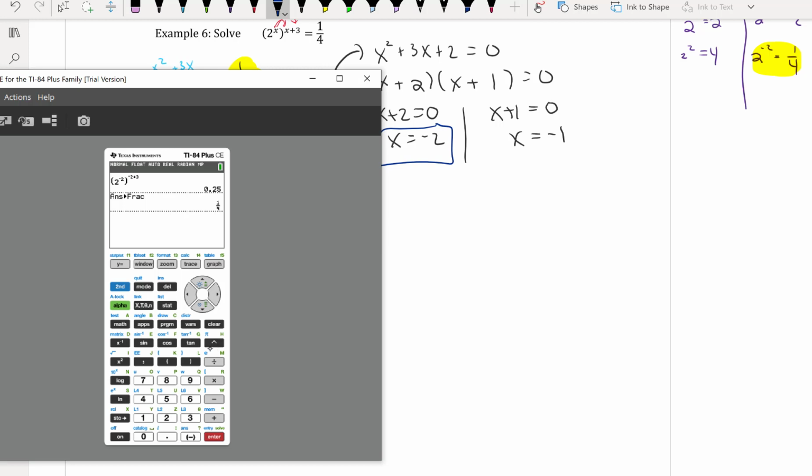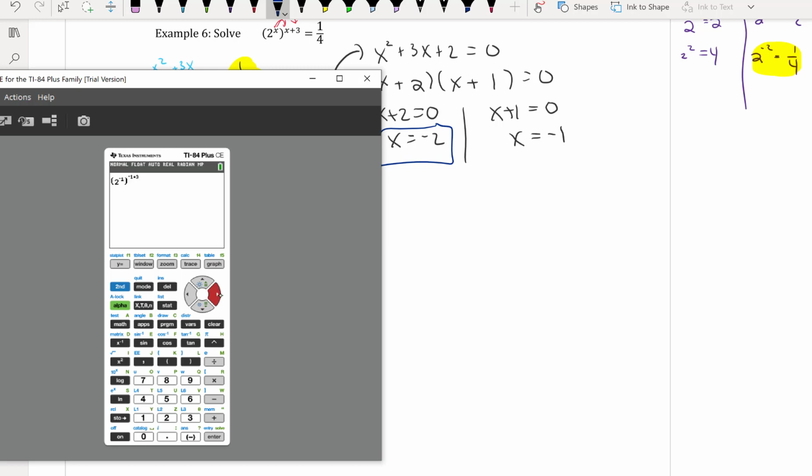Now let's try it for negative 1. So now I'm going to have parentheses, 2 to the power of negative 1, to the power of negative 1 plus 3. And I can see that I accidentally put a negative sign in there.